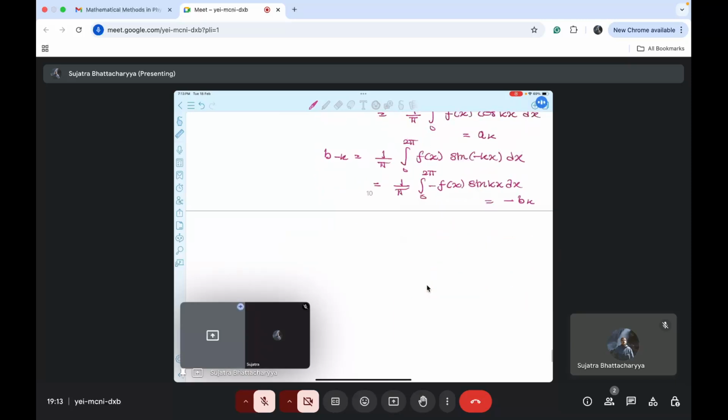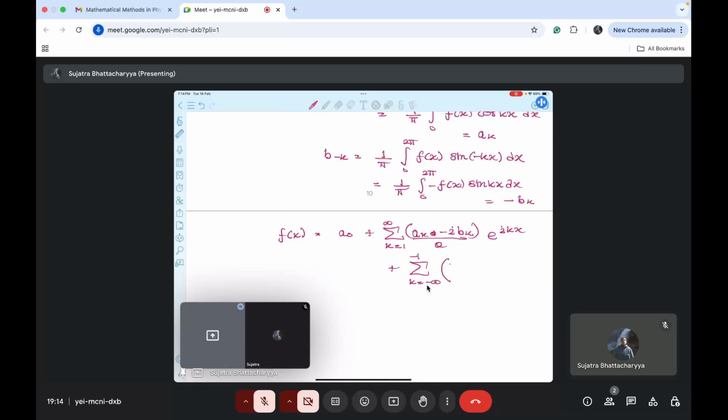So now, if you have to write it again, f(x) will be a naught plus summation k is equal to 1 to infinity of ak minus iota bk by 2 e to the power iota kx, plus k going from minus infinity to minus 1.